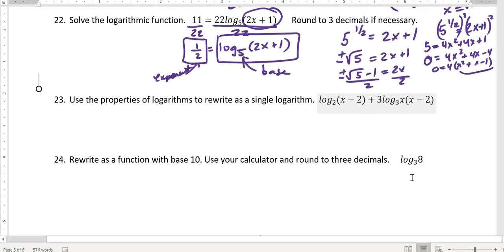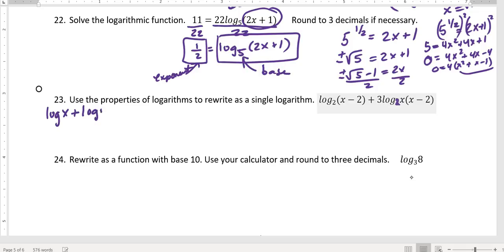Number 23. Sorry about this. I realized after I was working at it last night that I had a typo here. This should be base 2. So go ahead and make that change on your problem before we start. Now we're just seeing if we know the properties. We know that log of x plus log of y is equal to log of xy.